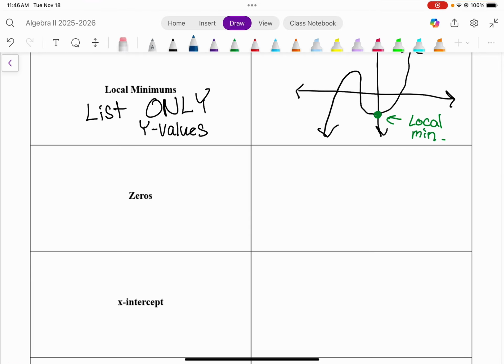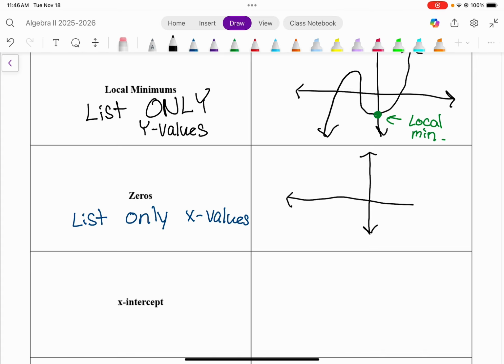When you're asked to find the zeros, for these ones you only need to list the x values. So your zeros are when it's going to be touching the x-axis. That will give us our solutions. So if you were to draw a sketch here, let's make a graph.